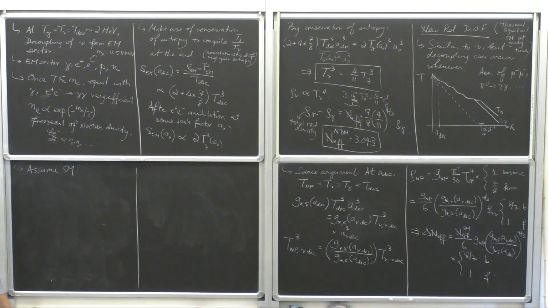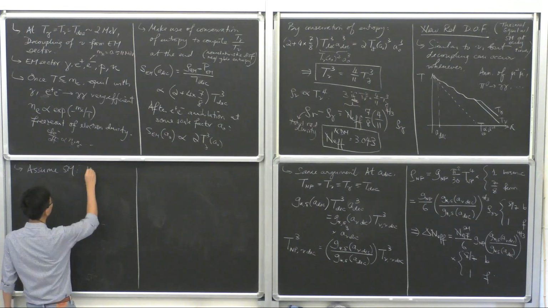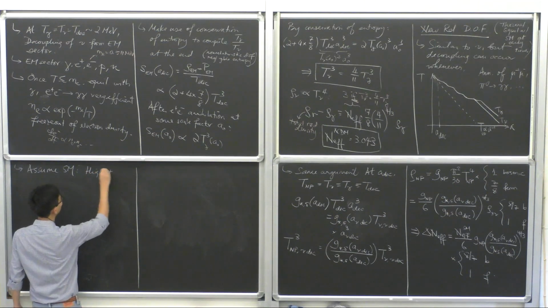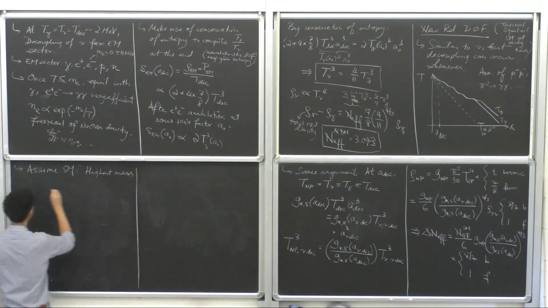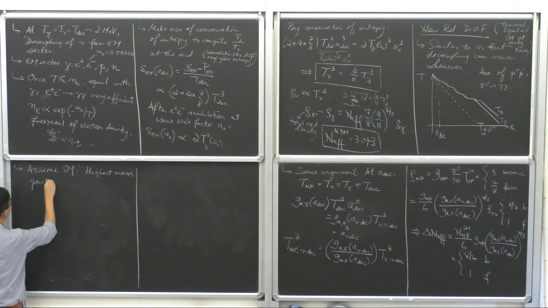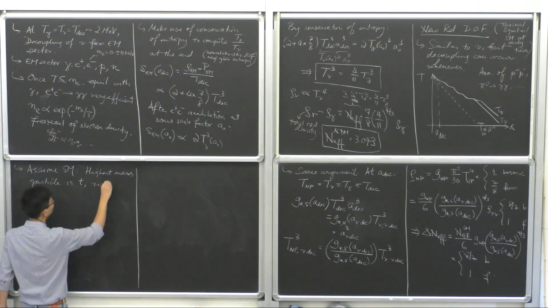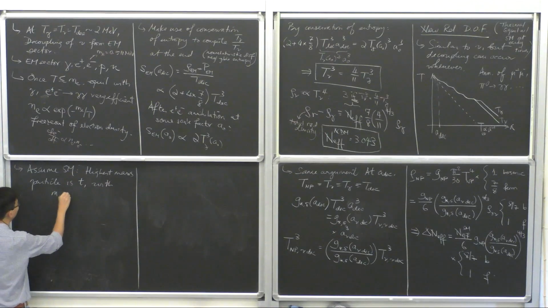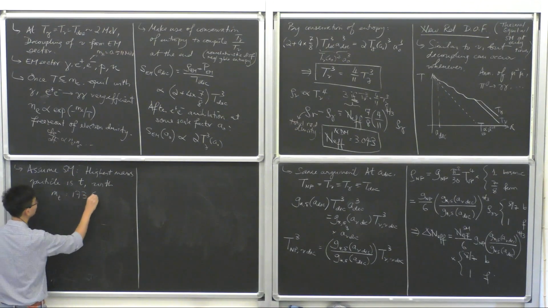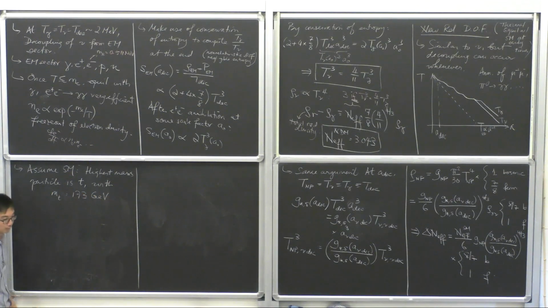We have a full table of that, and we know that the highest mass particle is the top, with M_T equal to roughly 173 GeV.